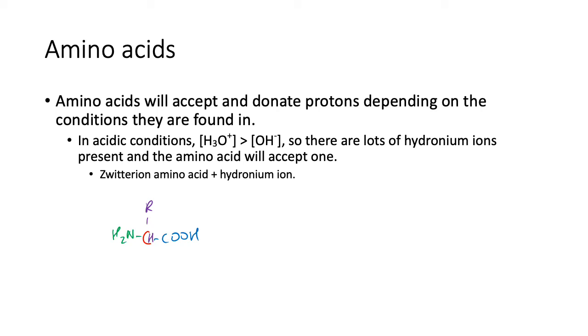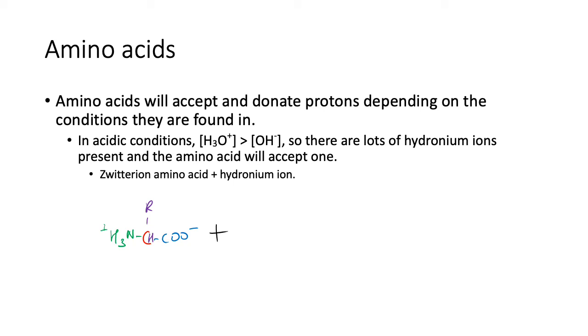There's your amino acid. However, you should recognize that it's in zwitterion form, so you need to be showing that, because it'll be starting from a neutral thing, it's going to be in its zwitterion form. So that's how amino acids look normally, and then you add it to a hydronium ion.